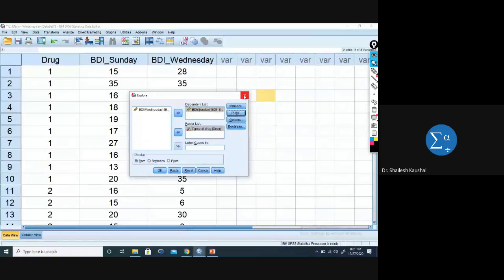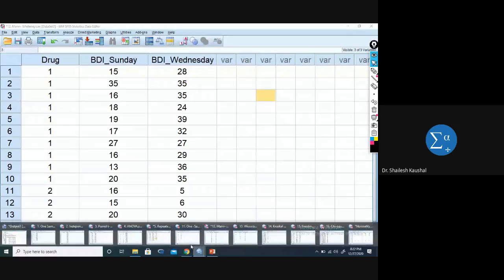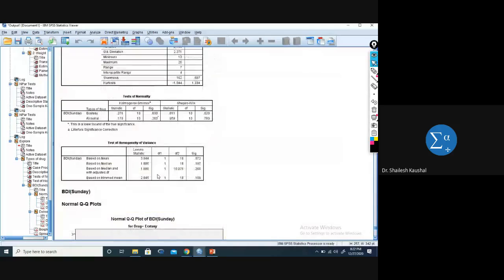I am just checking, although it is not needed for a non-parametric test.